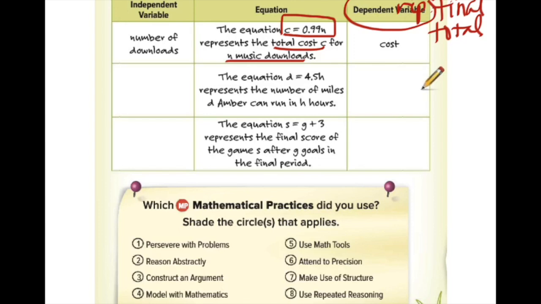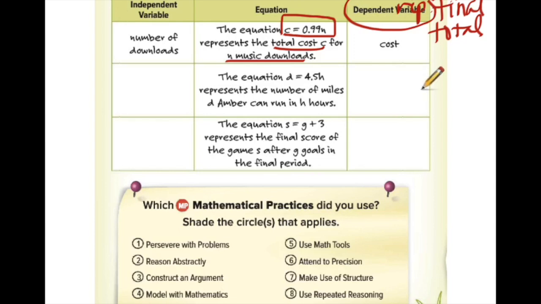The reason is that the final total is dependent upon an operation happening. In the case of our downloads, the total cost depends on the price per download and the number of downloads. Because a couple of things could change, I'm depending on that information to come up with my answer.